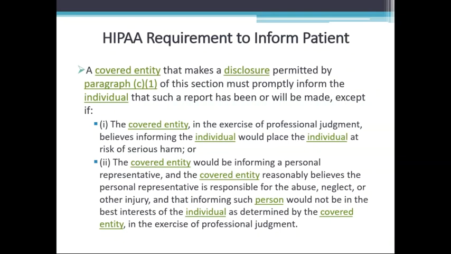And so obviously, if you let that person know and you're making a report about them as a perpetrator, then that could put the victim at much greater risk of injury, with abuse continuing and getting worse.